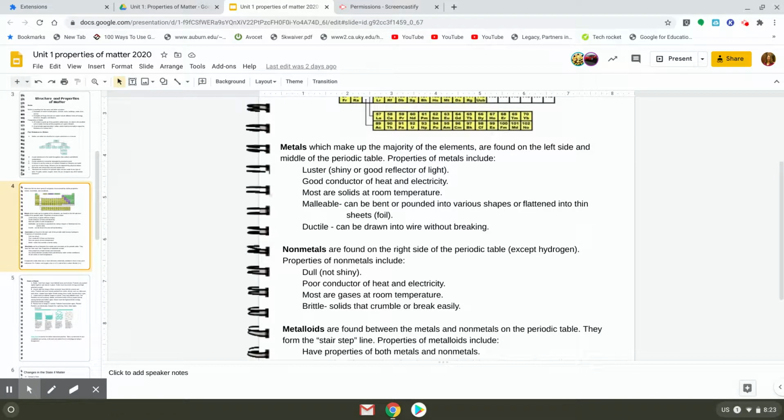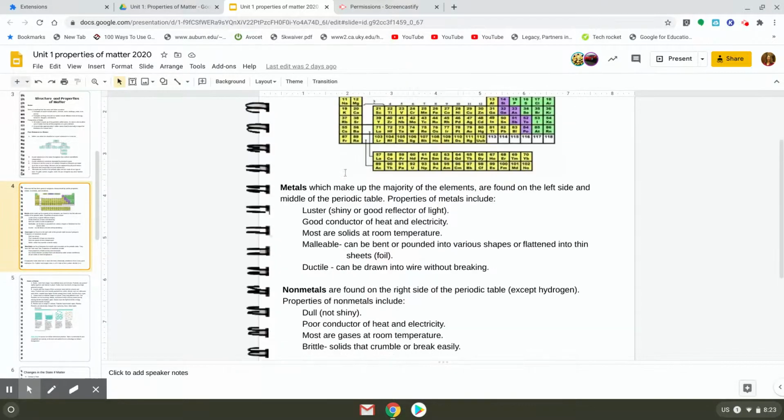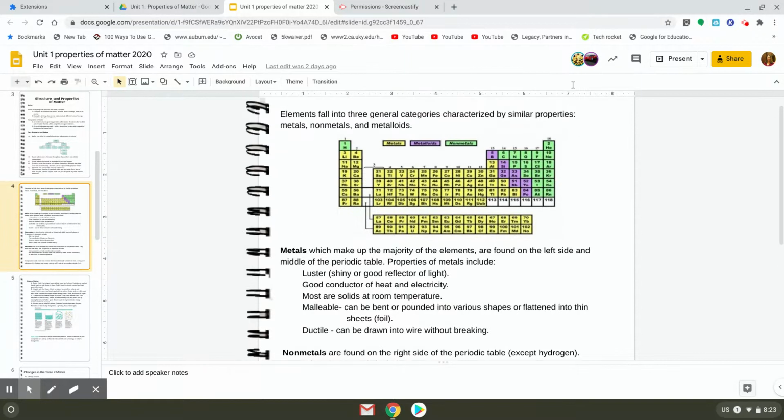You'll be given a list of items, and you will have to pick out the metal out of that list, or the non-metal out of that list. You have a highlighted periodic table that you created, and there's one here for you in your notes that tells you if an element is a metal, a non-metal, or a metalloid. That would be a great resource for a question like that, right?